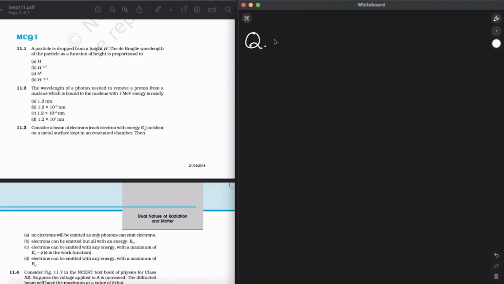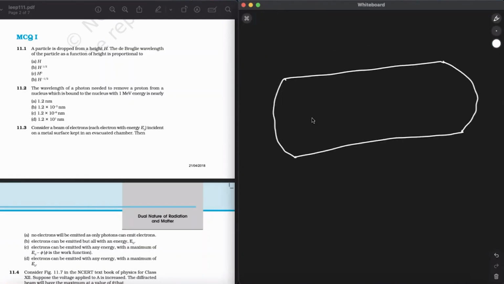So moving onwards with question number 3. They have asked us to consider a beam of electrons incident on a metal surface kept in an evacuated chamber. If I draw it, it should look something like this. There is a disk right here, and there is a disk over here.